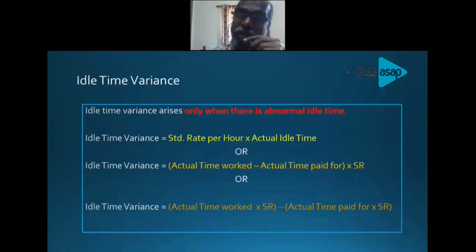That loss is considered as abnormal idle time. Such idle time can be avoided. For computing idle time variance in this case, we are taking into account abnormal idle time only. We don't want to take into account the normal idle time. You are to remember the cost accounting principles dealing with the cost of normal idle time.